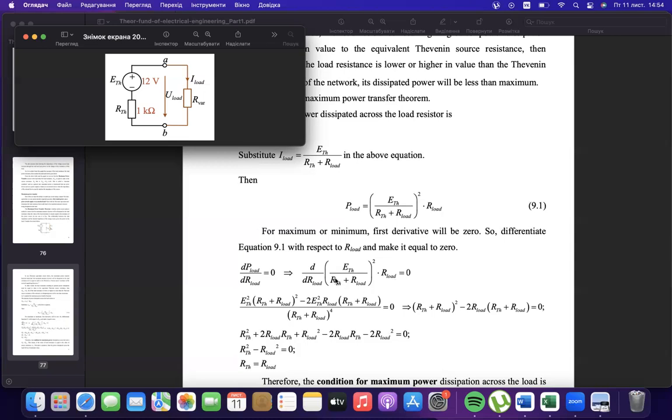We have a multiplication of two parts depending on the R load.